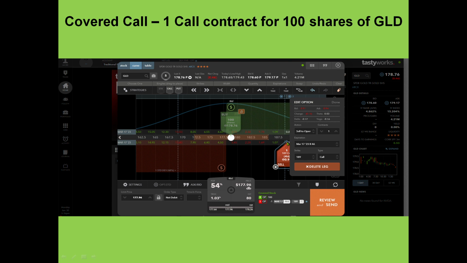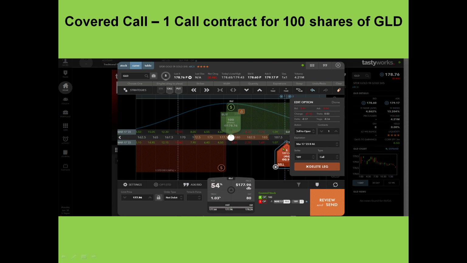So the delta in this case, which is correlated to the share price of GLD, is pretty small. About 0.17 is almost like, based on these two dotted lines, one standard deviation from the existing strike price. And the 0.17 also means that there's about a 17% probability that the price will go above 189 by the time this option expires.